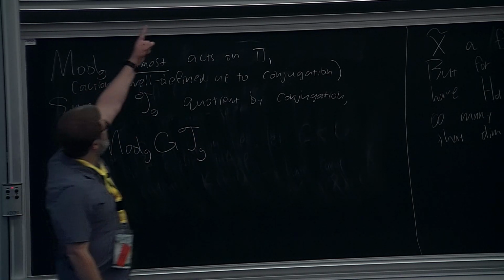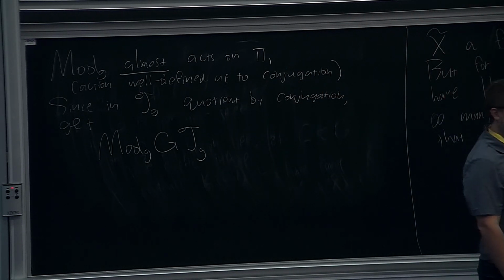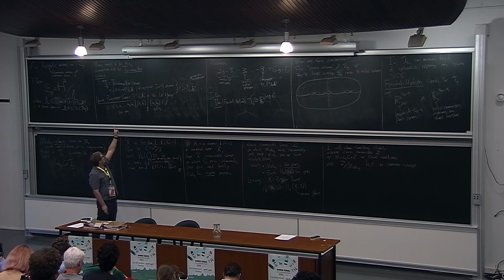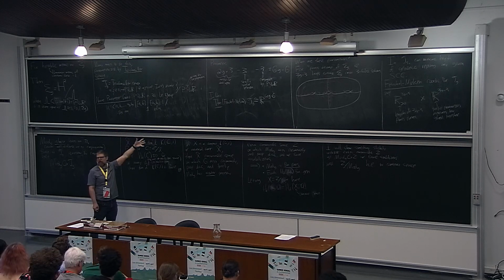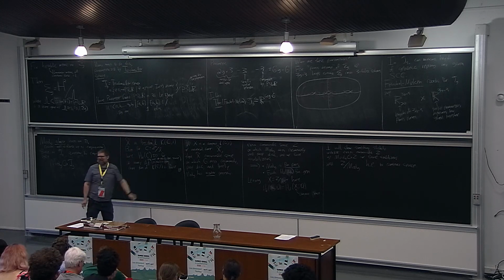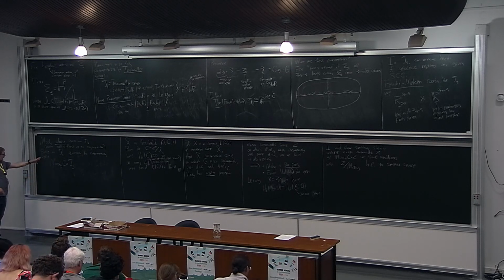Just it's acting on representations. By the way, there's a larger representation variety if you throw away the fact that these are injective maps with discrete image. It turns out that this is actually a connected component of that representation variety. So anyway, we get an actual action there.